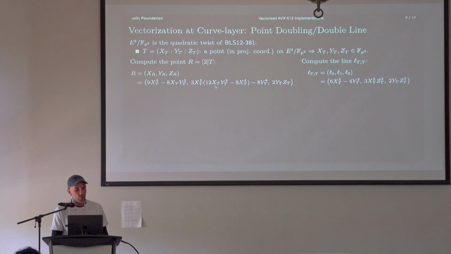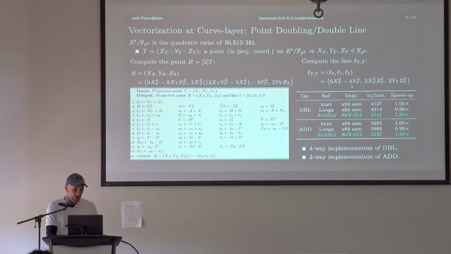We need to do a bunch of squarings and multiplications over fp squared, using the coordinates of the point T. And if we want to compute the tangent line that passes through T, then this will have 3 coefficients, L0, L1, and L2. Again, in order to compute these coefficients, we need to do a bunch of squarings and multiplications over fp squared using the coordinates of the point T.